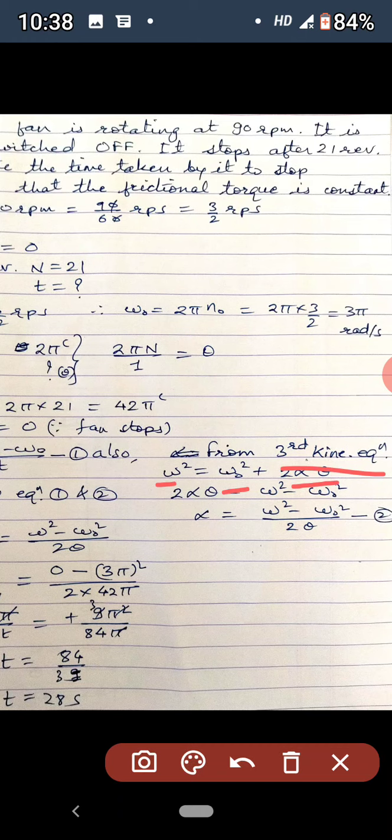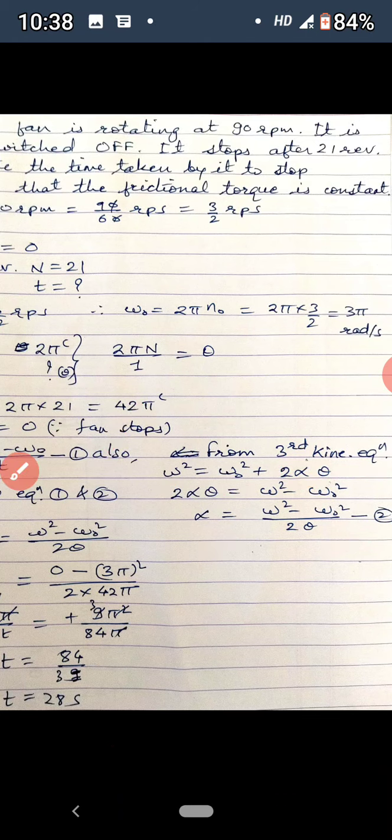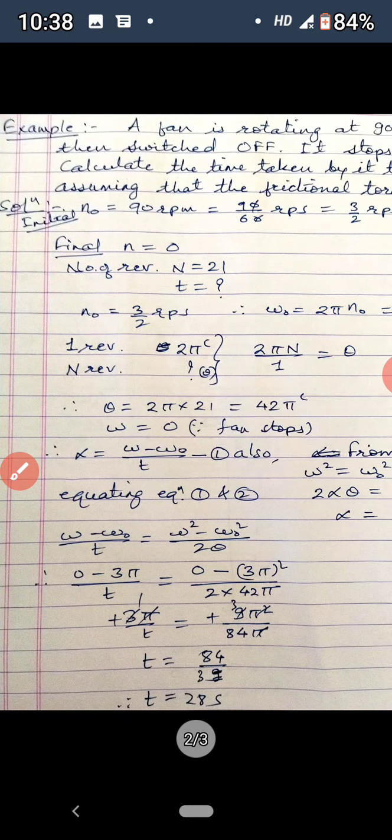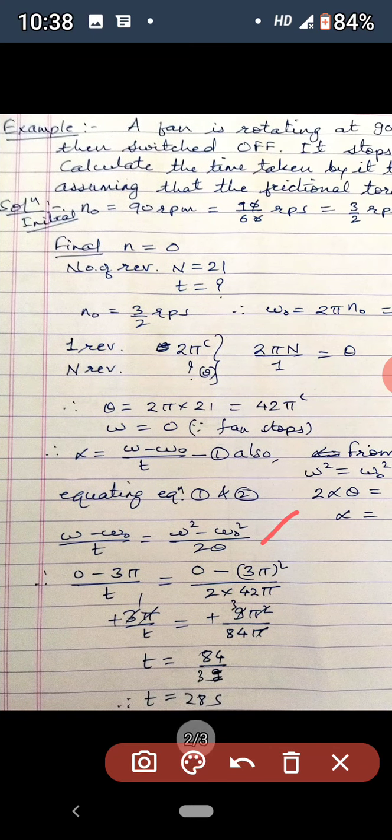If you solve this, we get the value of alpha as omega square minus omega 0 square upon 2 theta. Let us call this number 2. So equating equation 1 and equation 2, we get omega minus omega 0 upon t equals omega square minus omega 0 square upon 2 theta.